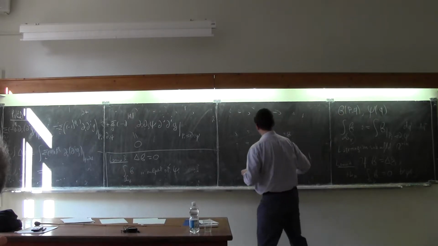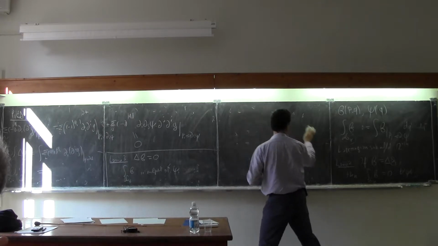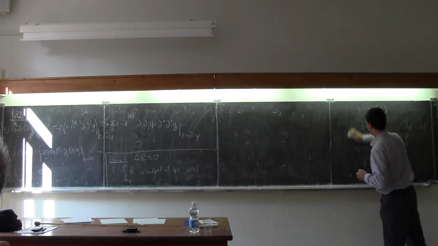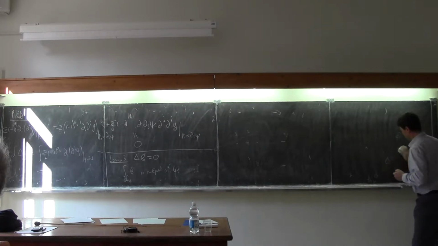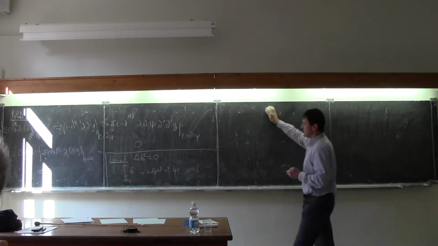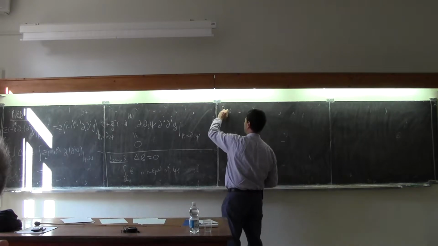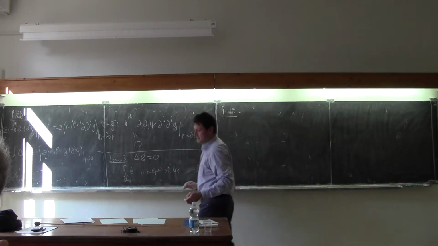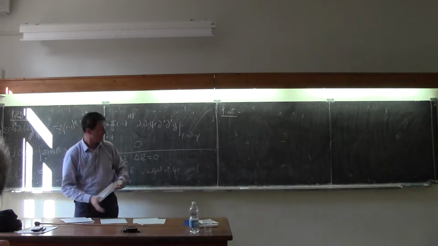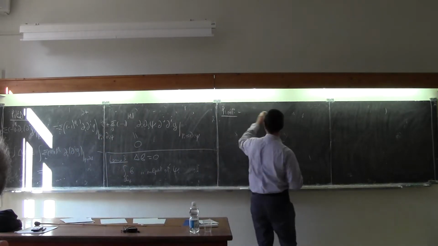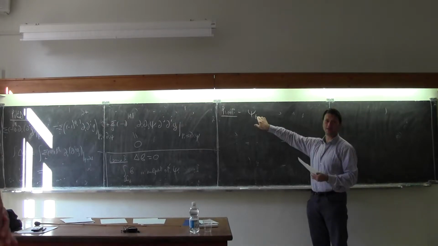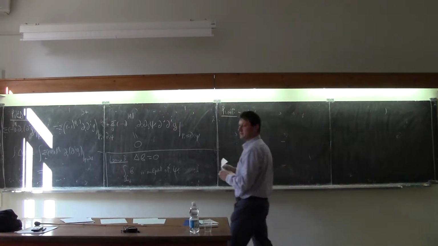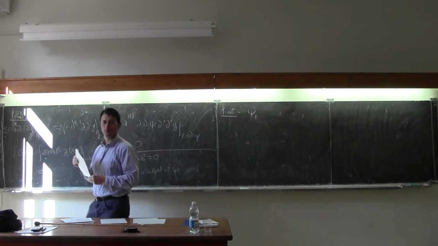Okay, so how do you prove this? Well, you take a family of functions psi_t depending on some parameter t. So you mean it's independent of psi within a family, actually? Within a family, yes.